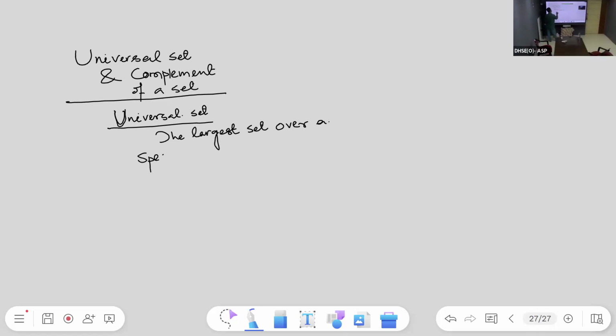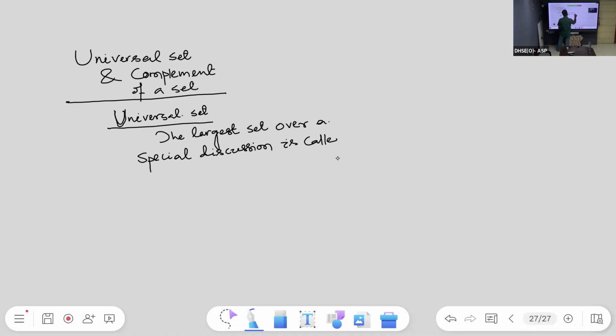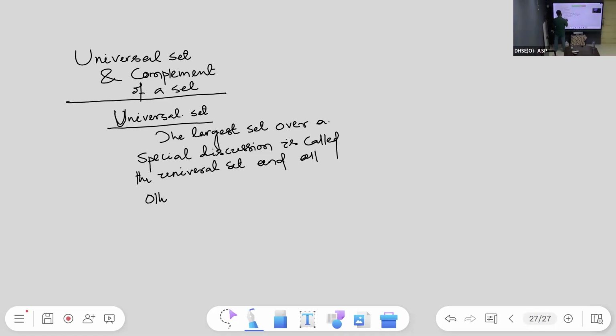The largest set over a special discussion is called the universal set, and all other sets in that discussion are subsets of the universal set.